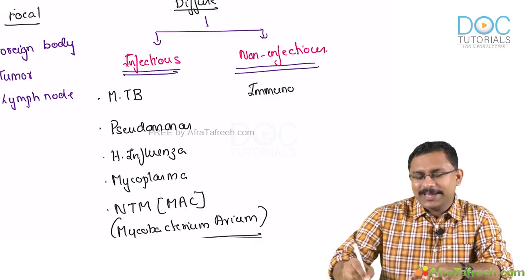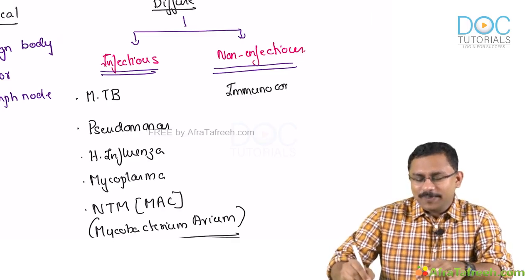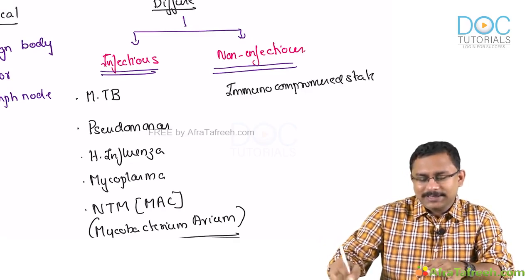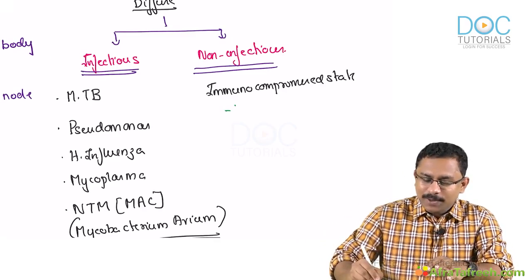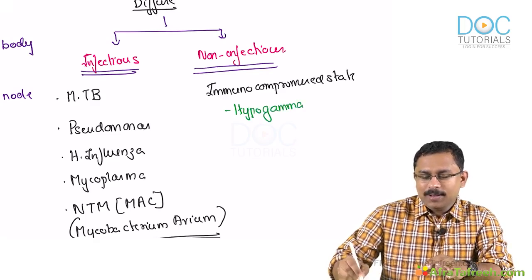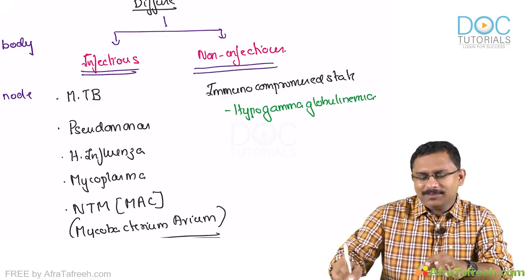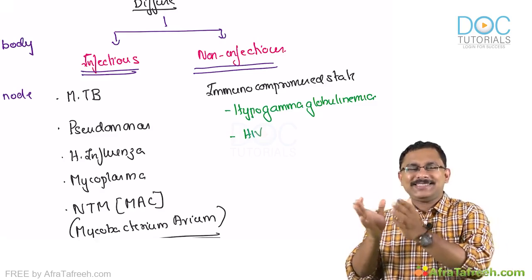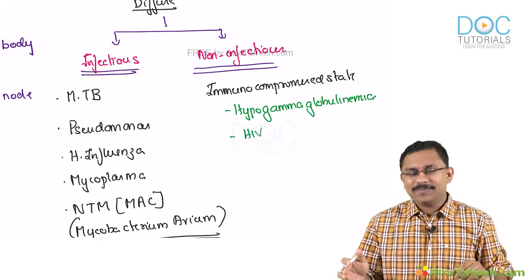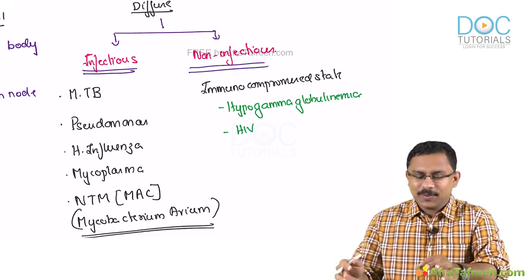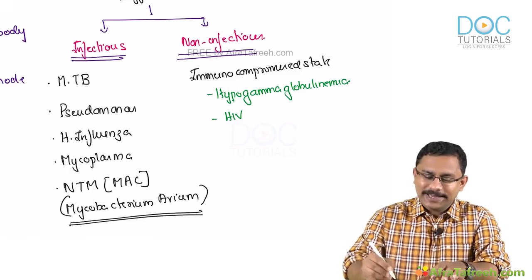An example is hypogammaglobulinemia, and maybe sometimes an infection like HIV itself. Primarily it might not be the HIV that causes the infection, but still in an immunocompromised state it can predispose to infections. So one is immunocompromised state.